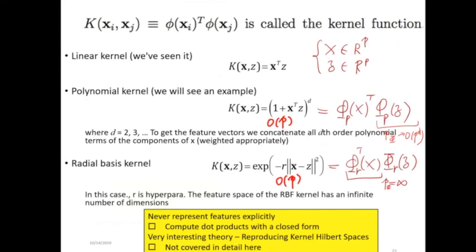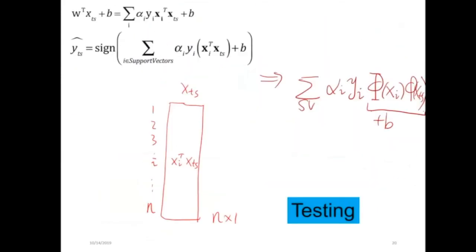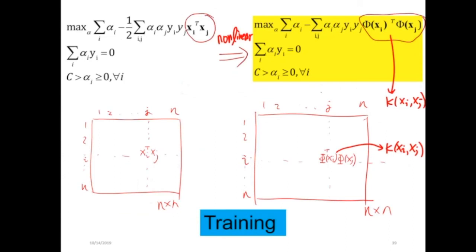It's related to this matrix I draw right here. So this element is O(p) cost in the linear case, and I need to calculate all the pairwise kernels. So to calculate this matrix, what's my computational cost?